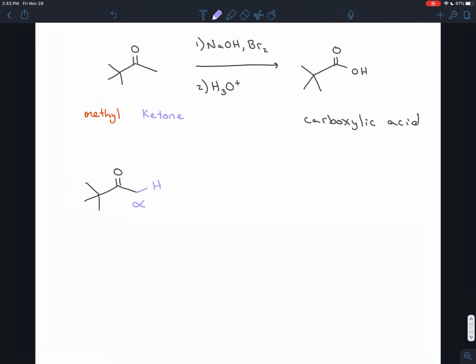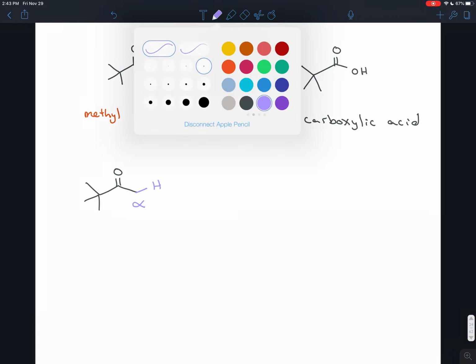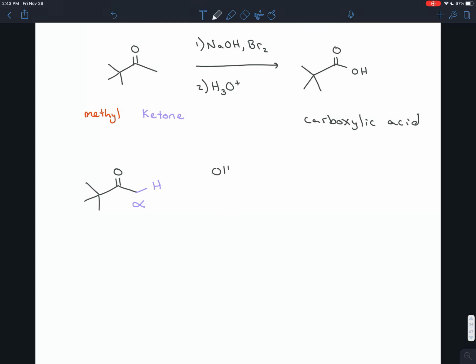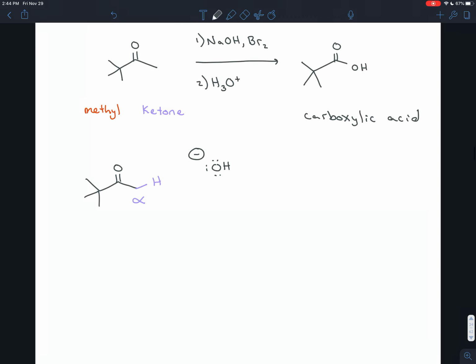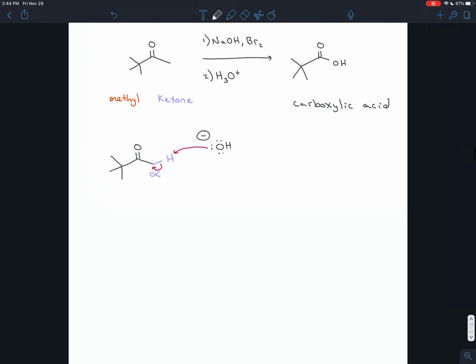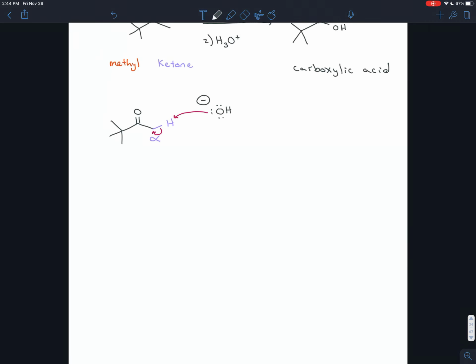But if you take that molecule and you treat it with sodium hydroxide, when you put that in solution, the positive sodium floats off in its own direction, the negative hydroxide is able to act as a base. That hydroxide can steal this alpha hydrogen and create the alpha carbon nucleophile there.